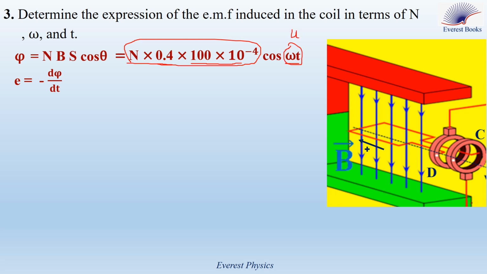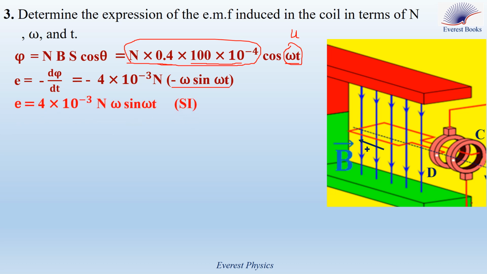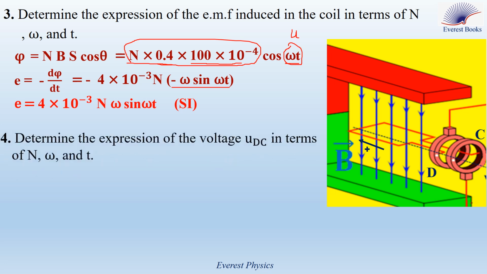The derivative of cosine u with respect to time is equal to minus u prime sine u. So this is going to be minus 4 times 10 to the power minus 3 N into minus omega sine omega t. So this is the derivative of cosine omega t. This is going to be e is equal to 4 times 10 to the power minus 3 N omega sine omega t.